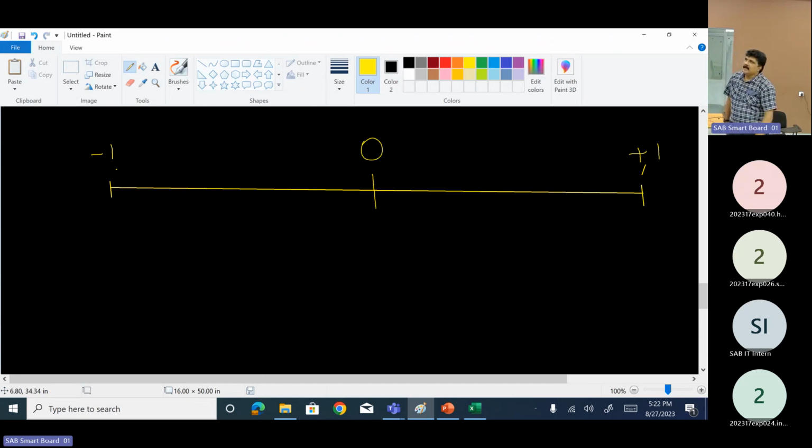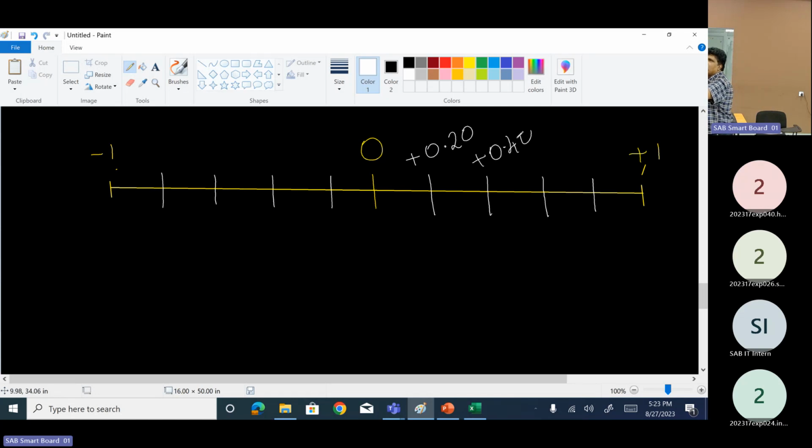Right? Then each sub part we divide into 5 equal pieces. This side also we do the same thing. We divide into 5 equal pieces. So this will be plus 0.20, plus 0.40, plus 0.60, plus 0.80.